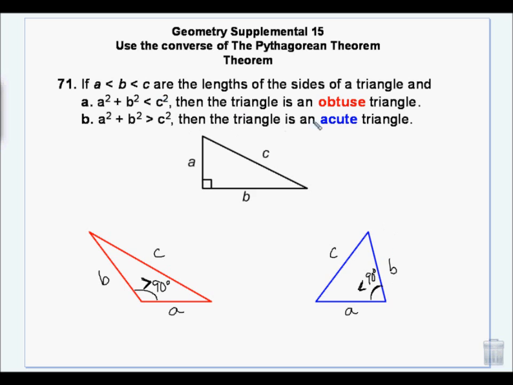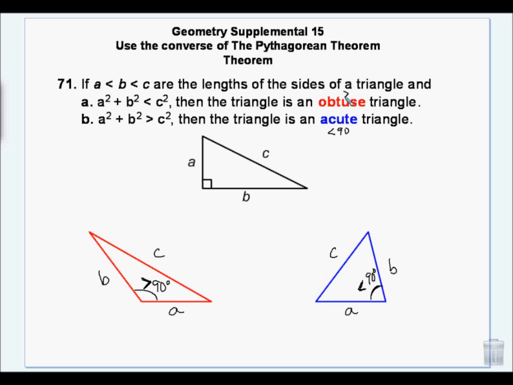But it's kind of opposite because we think obtuse angle is larger than 90, but we have a less than here. And acute angle is less than 90, but we have a greater than here. So just be aware that this symbol does not correspond to this definition. Because this is less than 90.